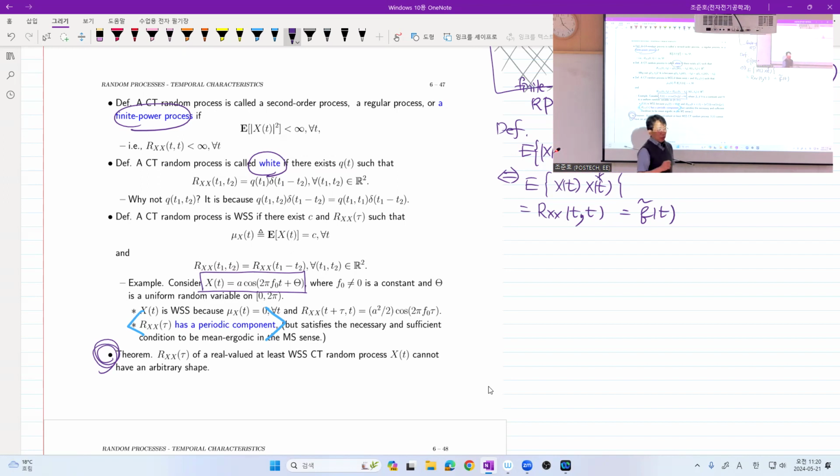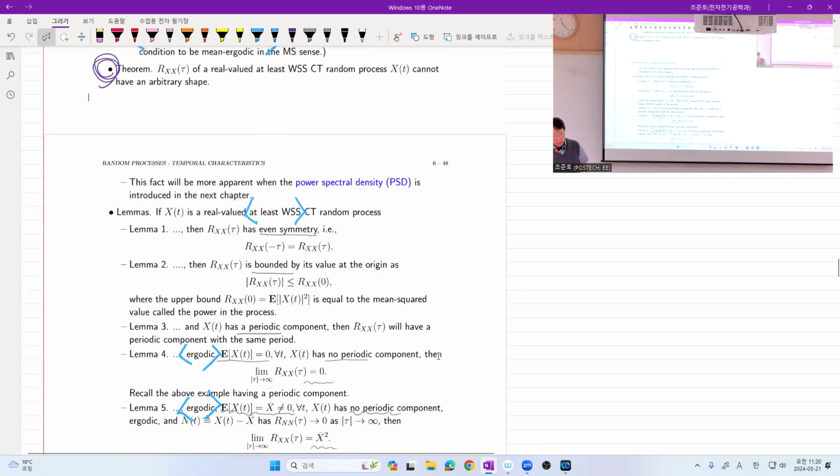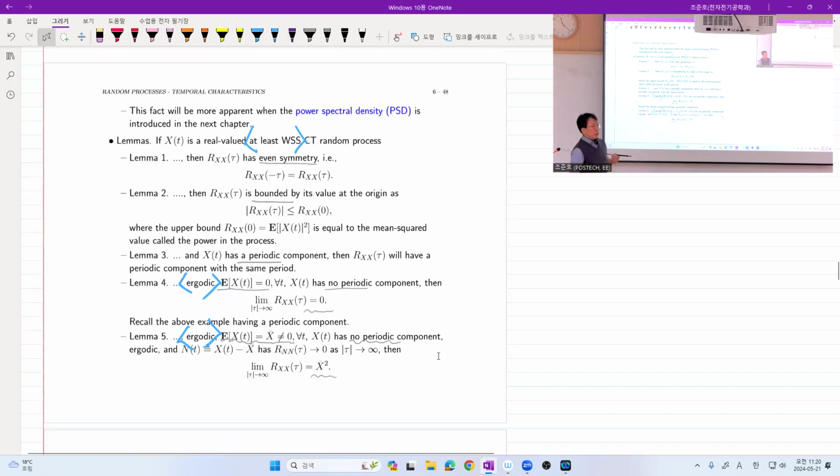However, even though we haven't yet studied the frequency domain characterization of a random process, still we can say a lot about the autocorrelation functions. So here goes some results. Suppose X is a real random process, which means that X equals X conjugate. Now, what is the autocorrelation function?